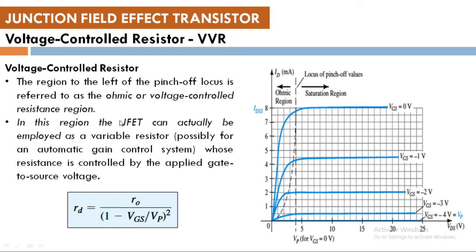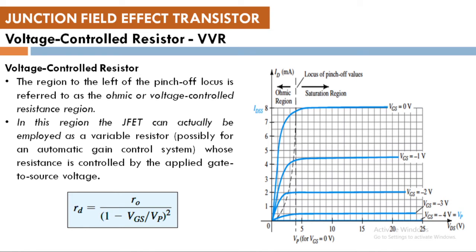Fine. In this region, the JFET can be employed as a variable resistor, and this region is exploited in many applications, where a very important application is automatic gain control.